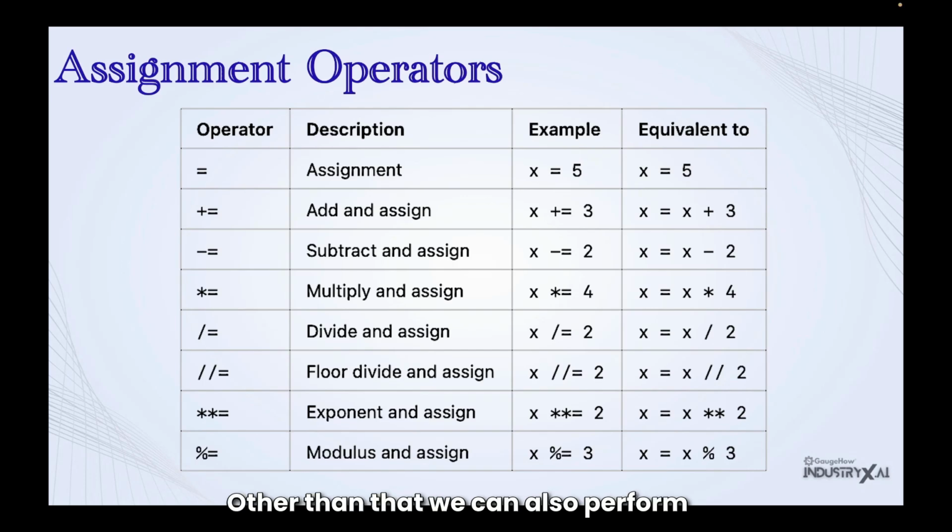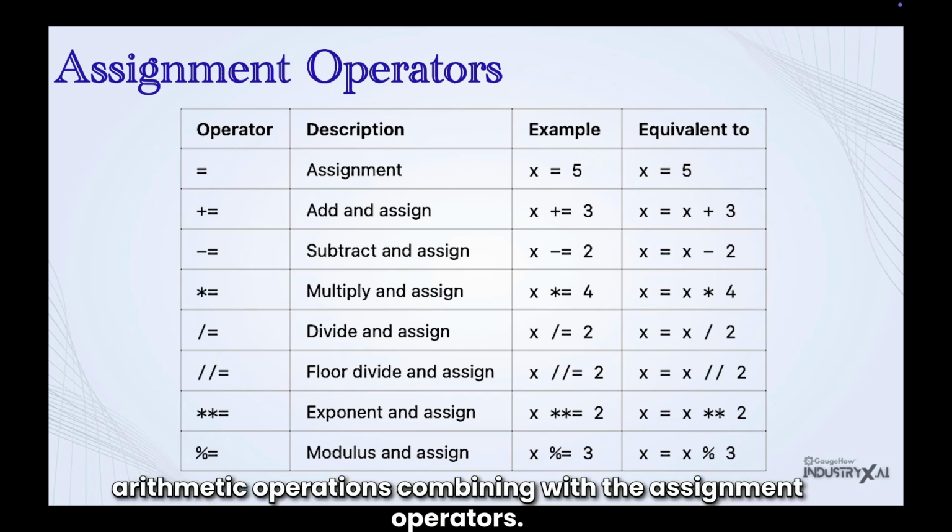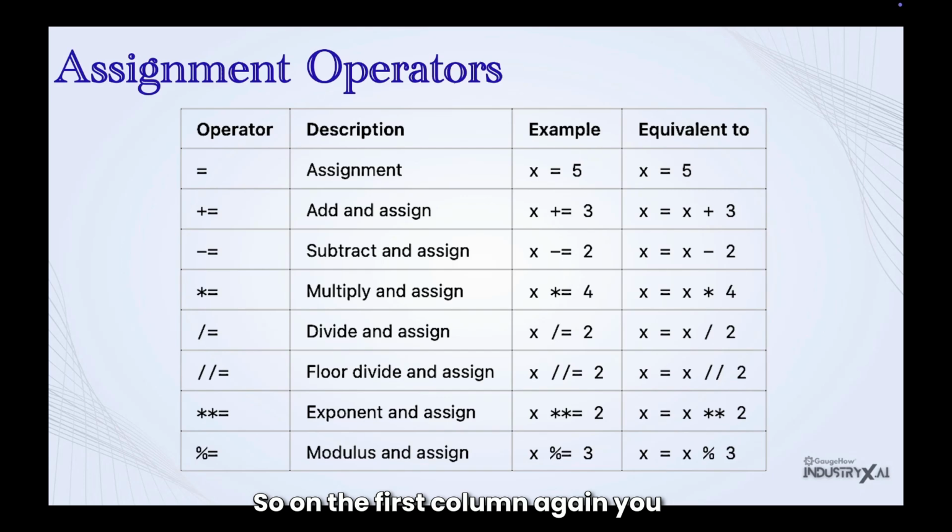Other than that, we can also perform arithmetic operations combined with the assignment operators. In the first column, you can see we have provided the operators combined with the arithmetic operators: plus equal to, minus equal to, multiply equal to, divide equal to, floor divide and assign, exponent equal to, and modulo equal to. What is the meaning of these symbols? That is provided in the description.